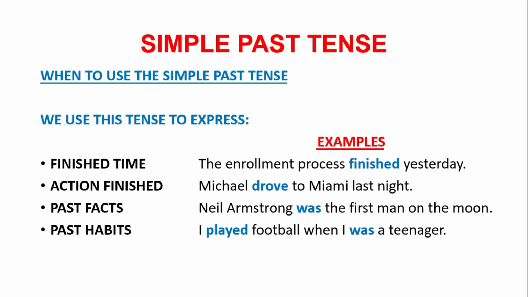I played football when I was a teenager. So remember those things. We use the simple past tense for finished time, action finished, past facts, past habits. If you learn this concept, you use the simple past in a proper way.